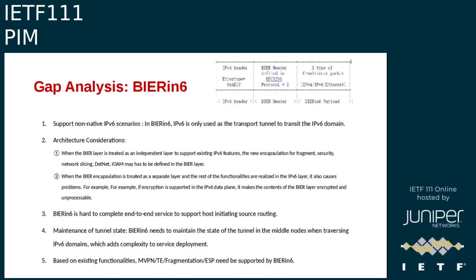Also the source address of the packet originated by the host may be changed. Those are the challenges. Others need to maintain the tunnel state. And the last one is existing functionality: BIERin6 should be extended to support MVPN, traffic engineering, and existing IPv6 features, including fragmentation and ESP. Okay, next one.